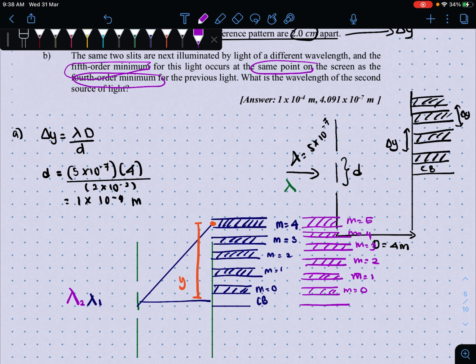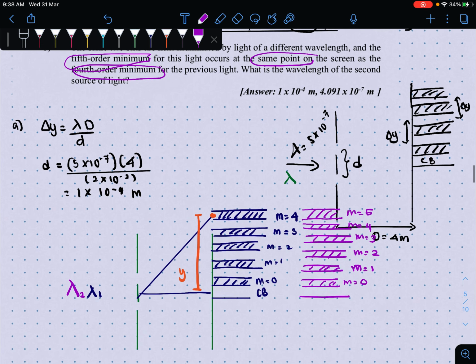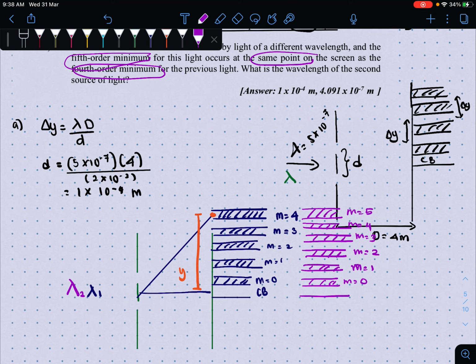The place where you get the fifth order minimum is the same as where you get the fourth order minimum for two different wavelengths. So when you change the wavelength, you're going to get a fifth order minimum at the same spot. Okay, faham ke?